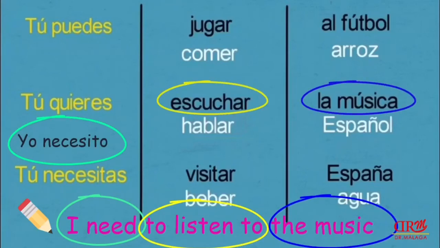I need to listen to the music. So perfect. You see that our method is so beautiful. You can just change the position of the words and just keep our beautiful magic verbs, and then we can create new sentences and memorize a lot of words.